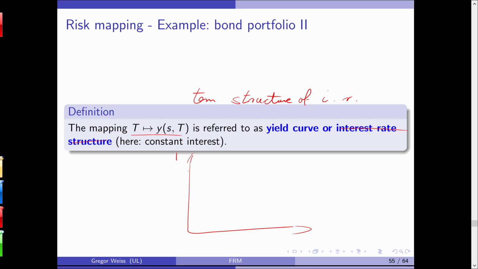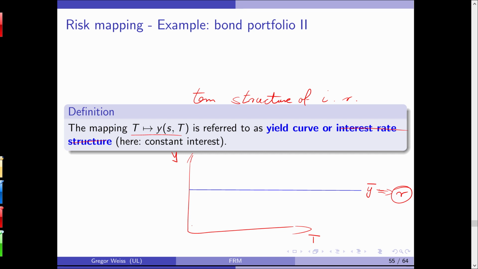You have maturity T, and here you have the yield, and then you have three possible term structures. You know this. What is this? This is a flat yield curve, eine flache Zinsstruktur. This simply means that the yield is constant. This means that you have one interest rate R.